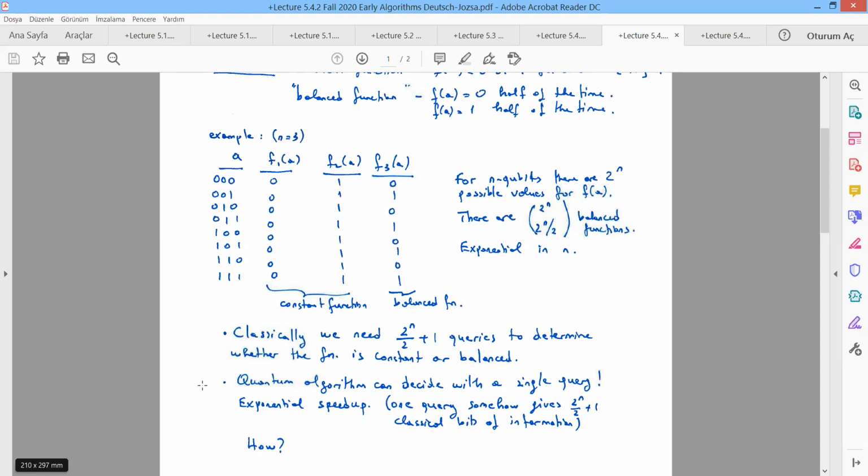But quantum mechanically, you need a single query. So somehow quantum computation is able to produce 2 to the n over 2 classical bits of information by just doing a single measurement, single query, and that's an exponential speed up. This is the first example of exponential speed up.